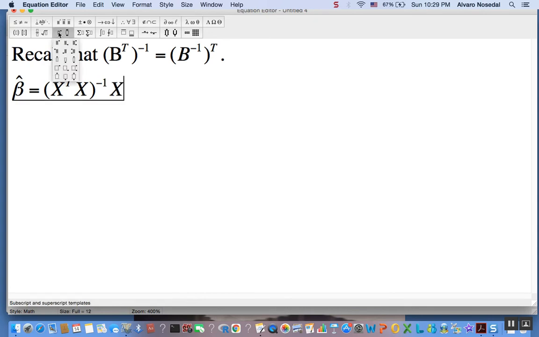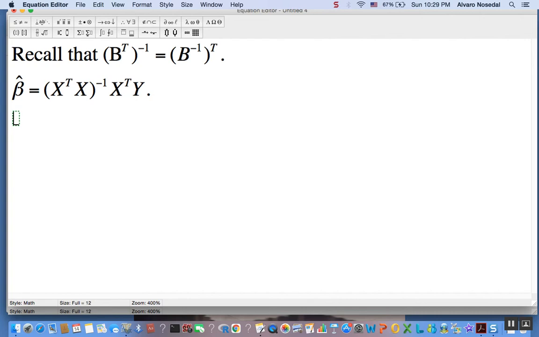Remember? And it turns out that that beautiful expression holds in general for multiple linear regression as well.